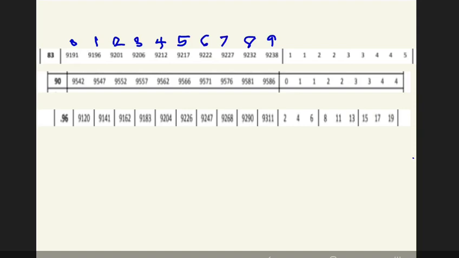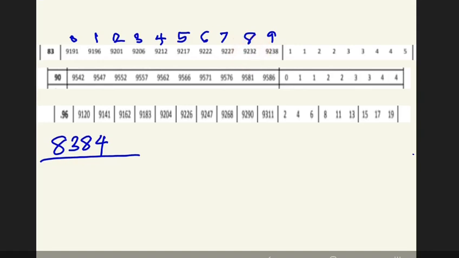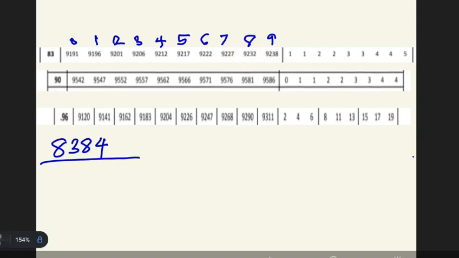Now, 83 under 8 is 9232. That is under the 8. Now, for the difference of 4, the differences do not start from 0.